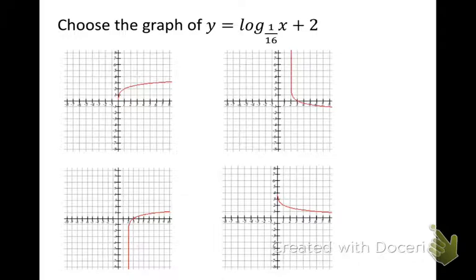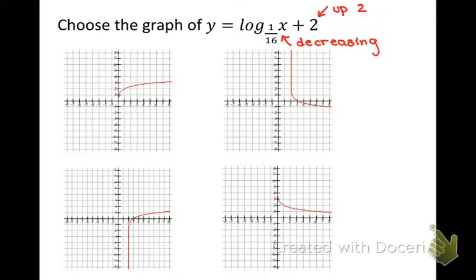All right, we want to choose the graph of y equals log base 1/16 of x plus 2. So, right off the bat, because my base is 1/16, I know that my graph needs to be decreasing. This plus 2, which is not in parentheses, it's after the fact, plus 2, means that I'm going to move my whole graph up 2.